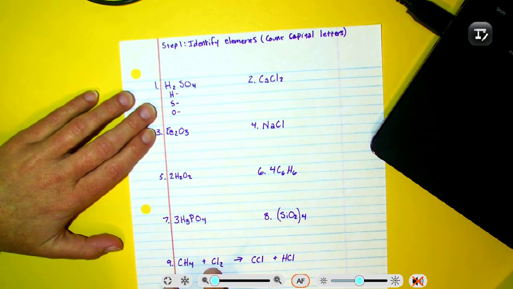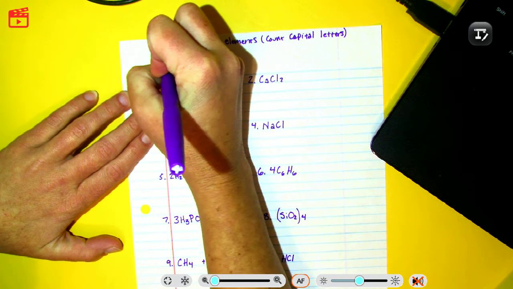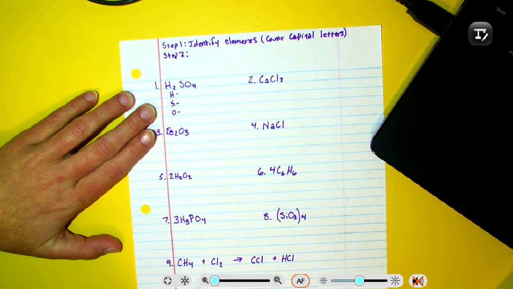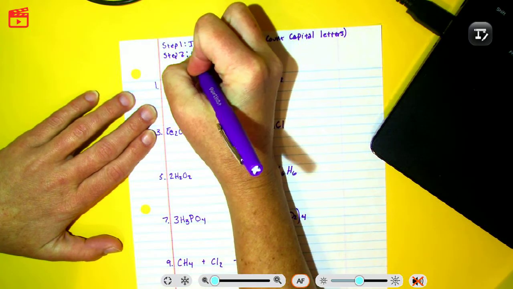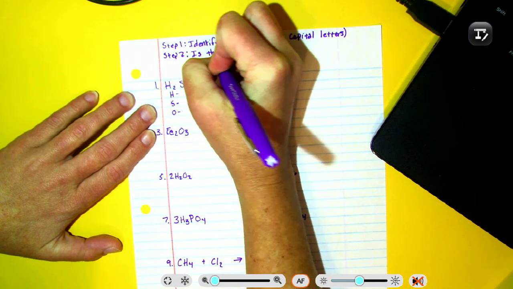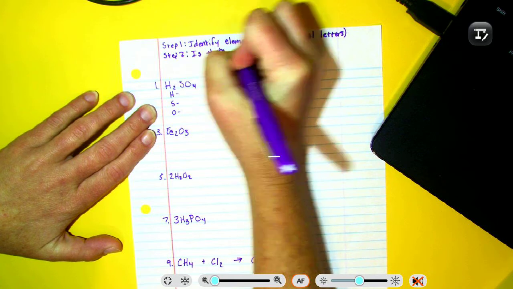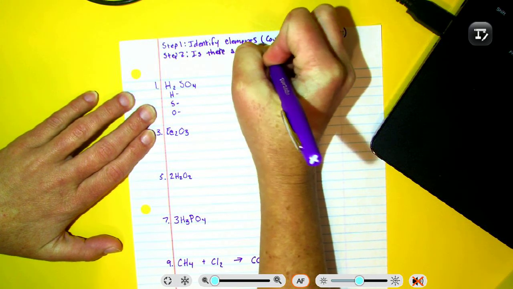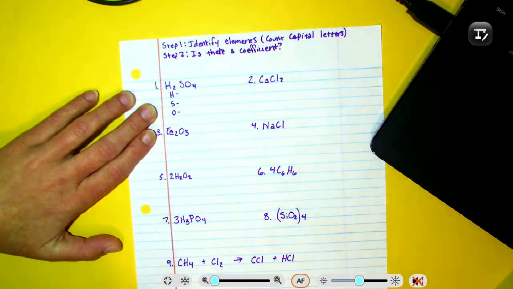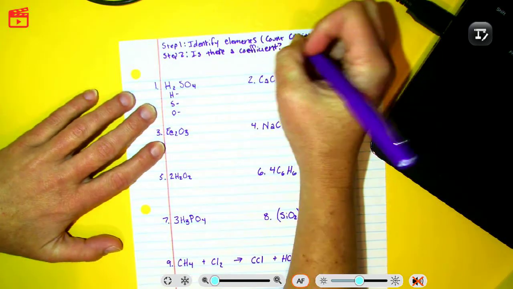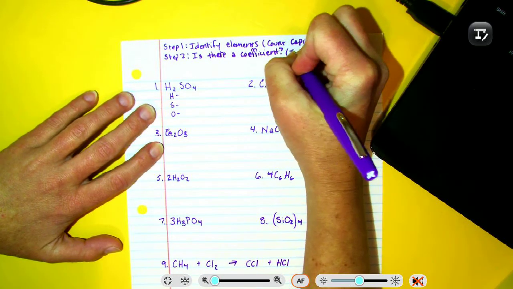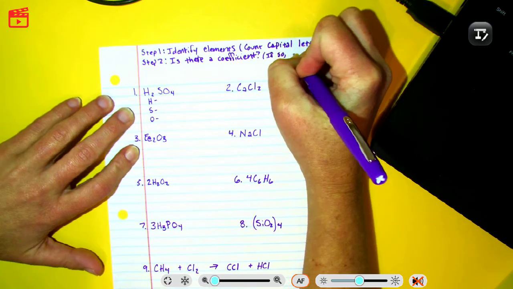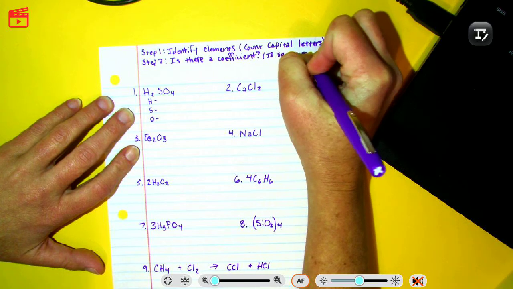Now, step 2. Is there a coefficient? Because if there is, what are we going to do? If so, we multiply.